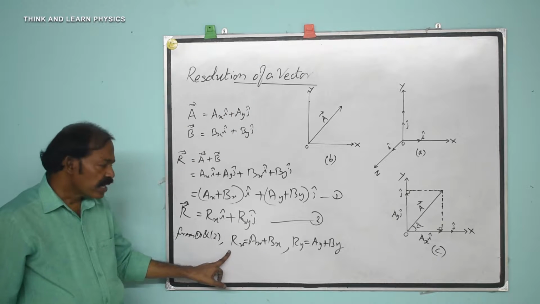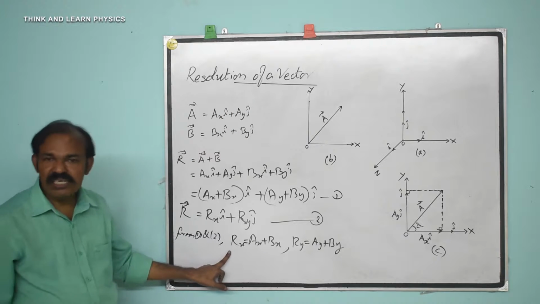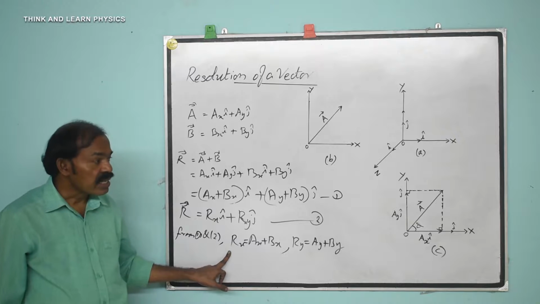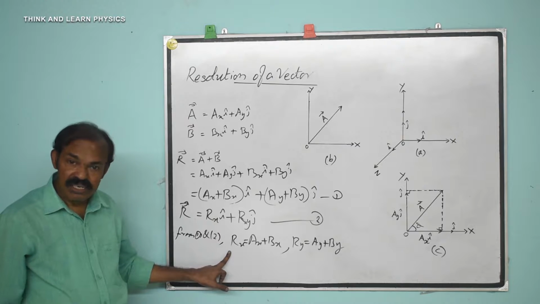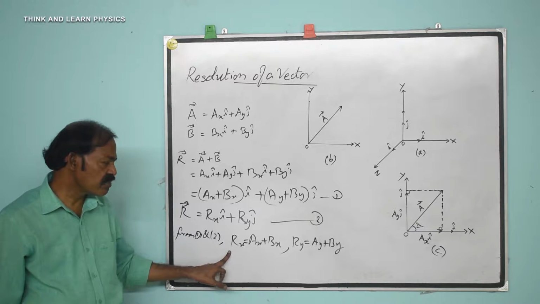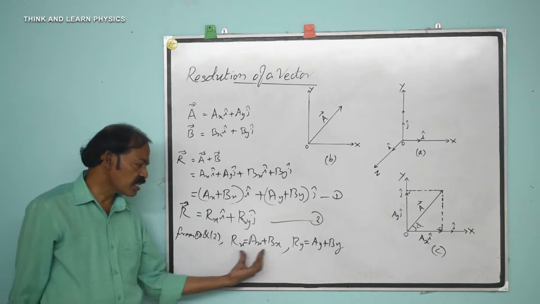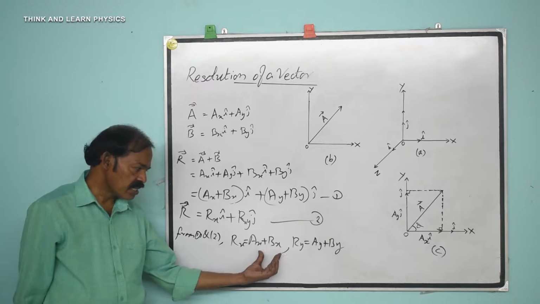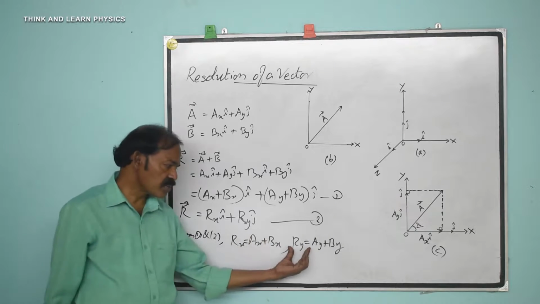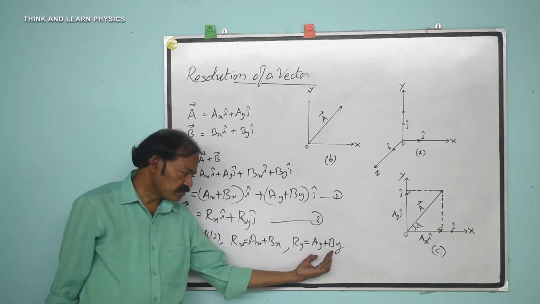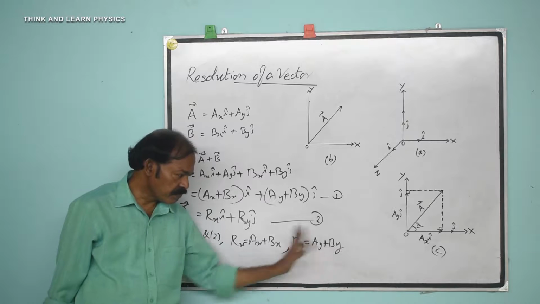So, in order to add two vectors, it is enough if we add their respective rectangular components, x components and y components. When the x components are added, we get the x component of the resultant as Rx equals Ax plus Bx, and the y component of the resultant is obtained by adding the y components of the vectors, Ay and By.